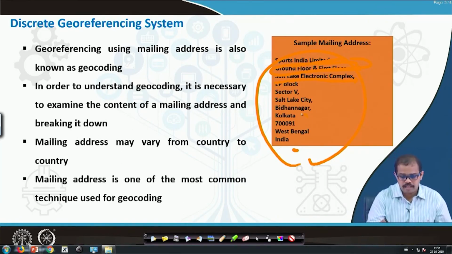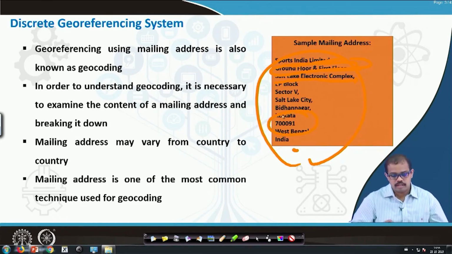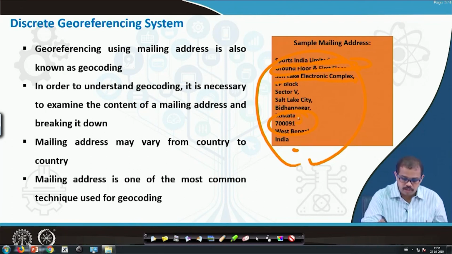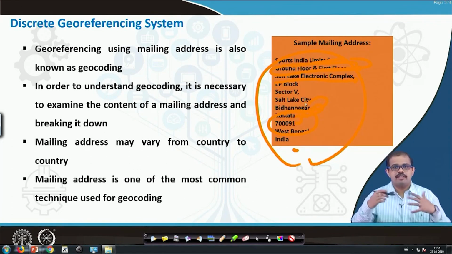What that is actually referring to is the pin code 700091, which means that it is in Kolkata, in Bidhan Nagar, in Salt Lake City. So now it is pinpointing you to a particular location, a small area in Kolkata.